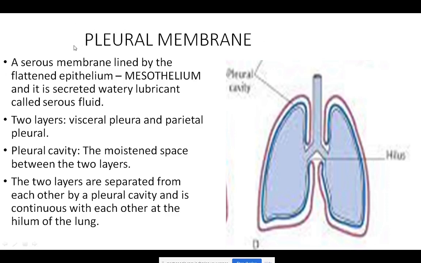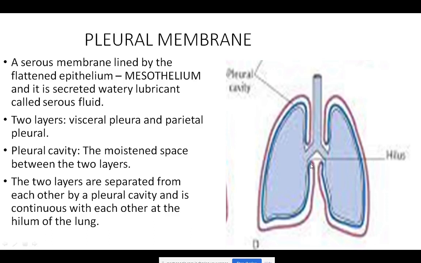Now, the pleura. The pleural membrane is a serous membrane lined by flattened epithelium. The epithelium which covers the lungs is known as mesothelium. This mesothelium secretes a watery lubricant known as serous fluid. There are two layers of the pleural membrane. The one attached firmly, very tight, to the lung surface is known as the visceral pleura.